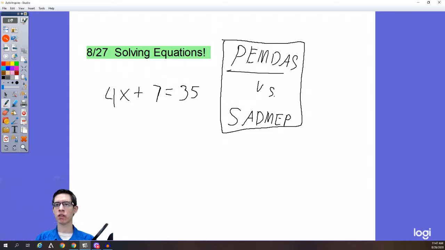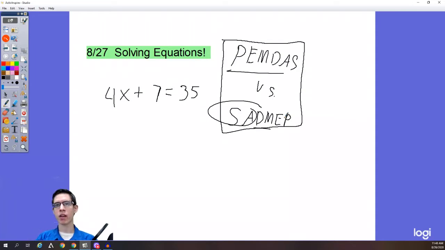We're going to start with addition, subtraction, and then we're going to go to division, multiplication, and then we're going to look at these last two, exponents and parentheses. And that's pretty much reliably how it's always going to play. There are some exceptions. It's not a perfect rule. It doesn't work quite as consistently as PEMDAS does, but it is a valid rule to go by when you're solving equations.